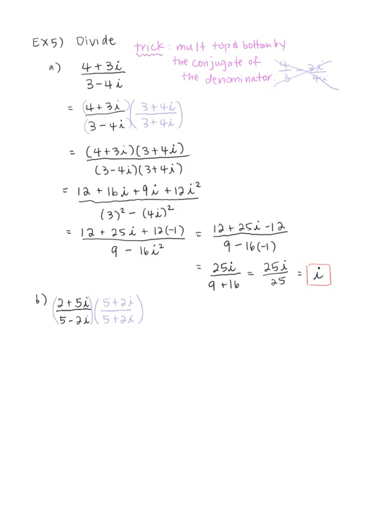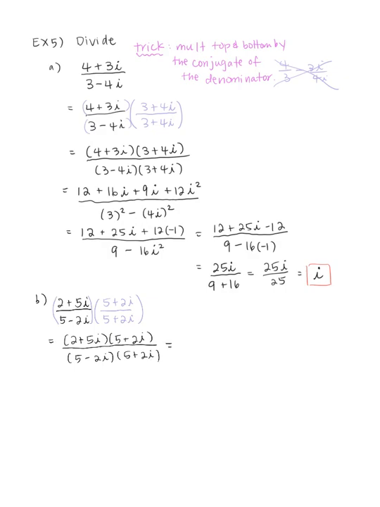And let's get started. So this is same thing as 2 plus 5i, and then 5 plus 2i divided by 5 minus 2i times the 5 plus 2i.